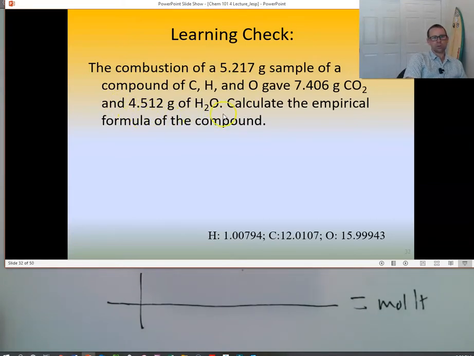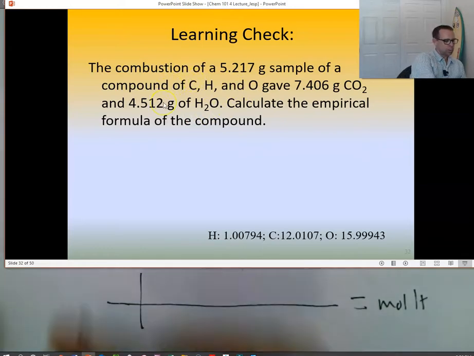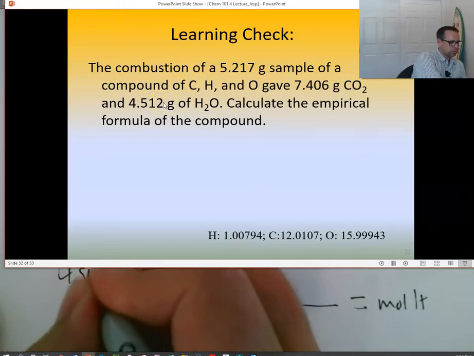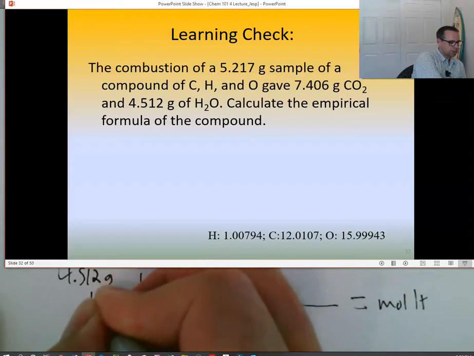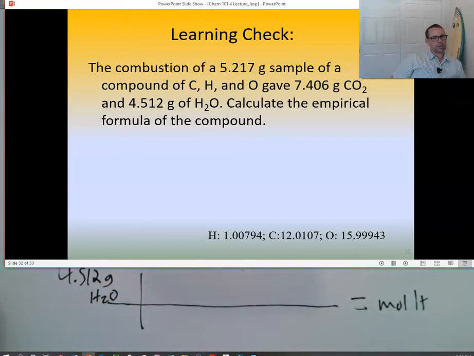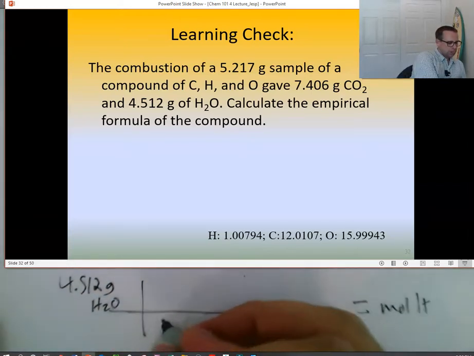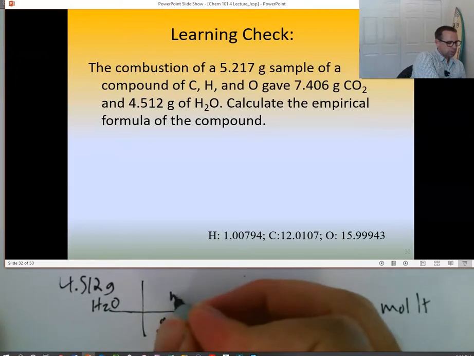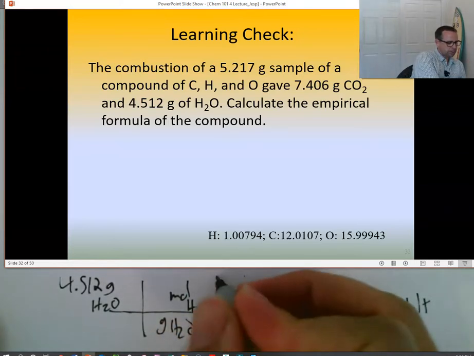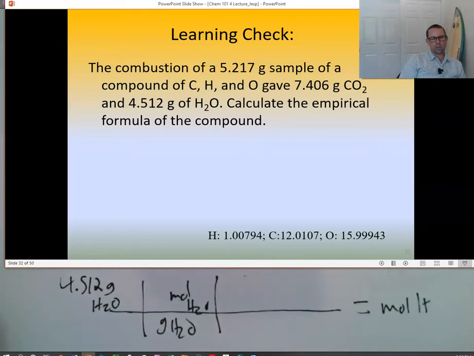I'm going to start with grams of water, right? Because all of the hydrogen went to the water, right? Oh, yeah, okay. So that's 4.512 grams of water. Very good. So I go from grams of water to moles of water, right? And do you know how many grams of water there are in a mole of water?